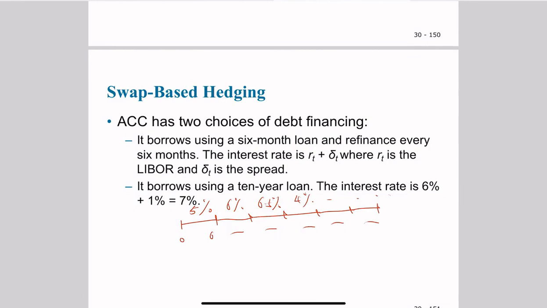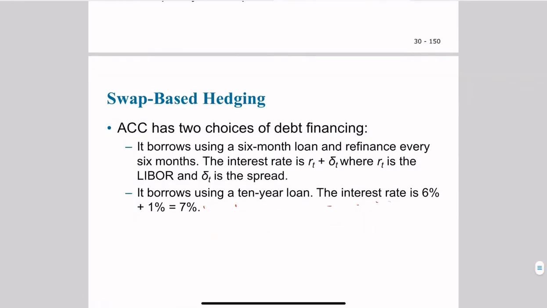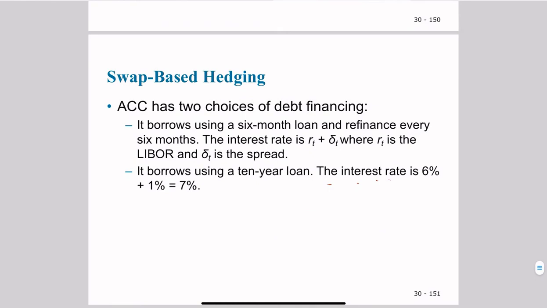So let's say, let's denote this 6-month interest rate as RT plus delta T, right? For example, for the first 6-month loan, its interest rate would be, let's say, R1 plus delta 1, right? For the second 6-month loan, it would be R2 plus delta 2.